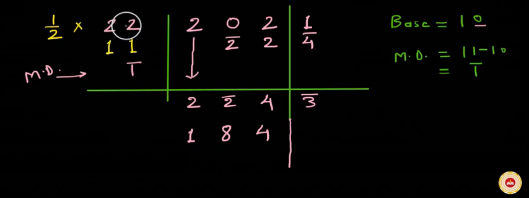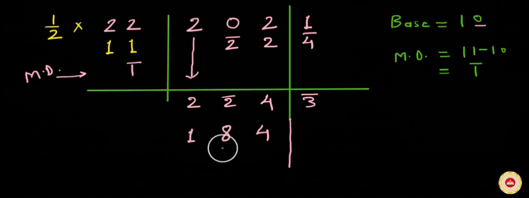This is very much important to understand. See, we divided original divisor 22 by 1 upon 2 to get such a divisor which will be closer to base, and we got 11, a new divisor, and we calculated modified divisor for this 11 and not for this 22, and with the help of this modified divisor negative 1 we divided given dividend.